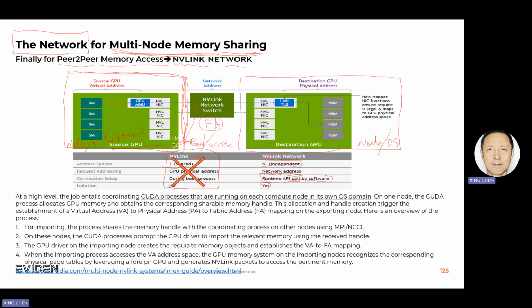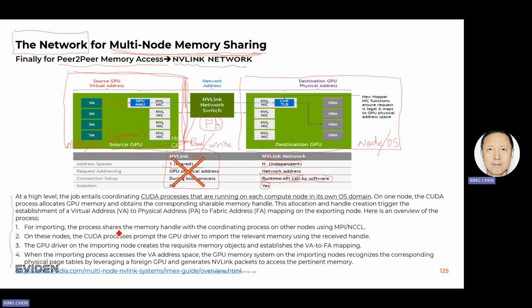But from the programmer's point of view, from the user's point of view, they program the system to have it function correctly. To make this multi-node memory sharing work, there is coding that has to be done by the programmer. And here it has summarized pretty much the steps for this coding.